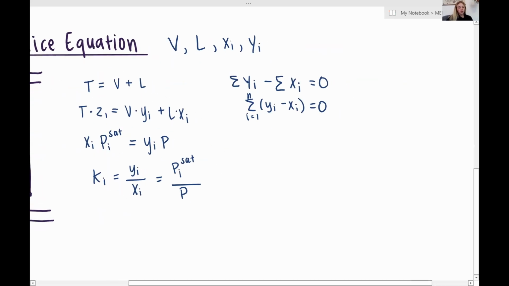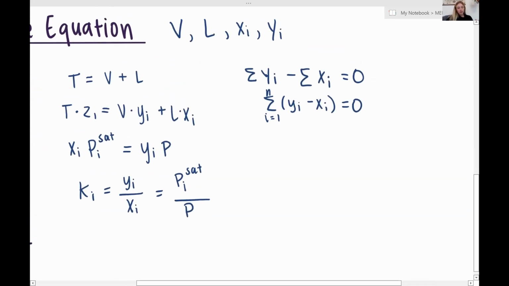All right, so let's begin by doing some substitutions. We want to get one of these components alone. So let's substitute our ki expression for yi. That would just be ki times xi is equal to yi.